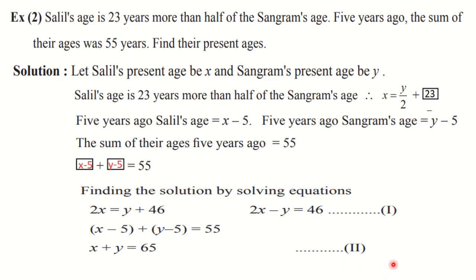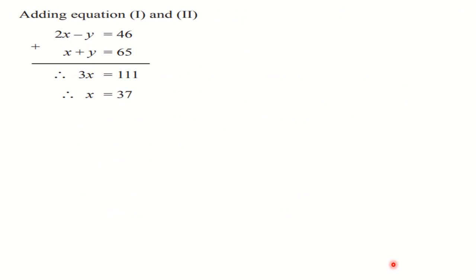Okay, so let us add equations 1 and 2. So adding equations 1 and 2, write them one below another. This plus sign shows you that you are adding the equations. Okay, so minus y and plus y is cancelled. 2x plus x is 3x. And here 46 plus 65 is 111.